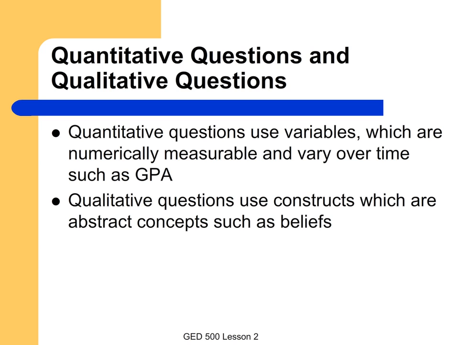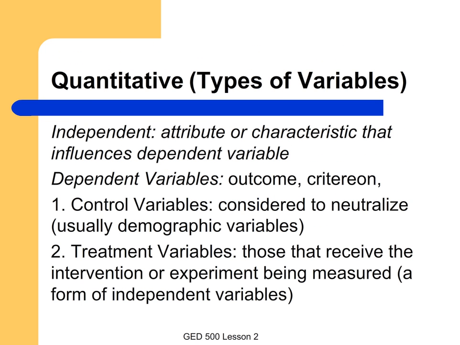So it's important to understand that there are these differences in the types of questions that you use. Typically, a quantitative question will use variables and a qualitative question will use constructs. There's a couple of variables that are important when you're thinking about quantitative research: independent and dependent variables. At the basic level, these are things that you must definitely know.